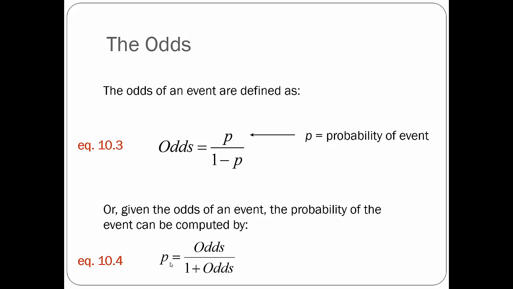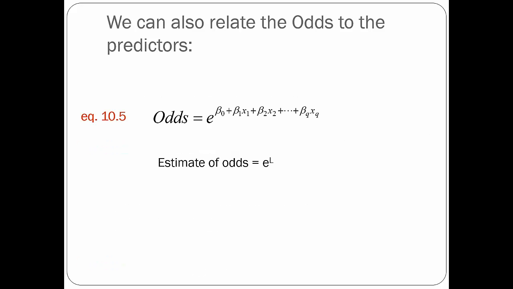Now the reason why we are looking at odds here is because of the logit function: you take the logit L and raise e to the power of L and you get odds. That relationship gives us a way to understand the logit function and to interpret the coefficients.